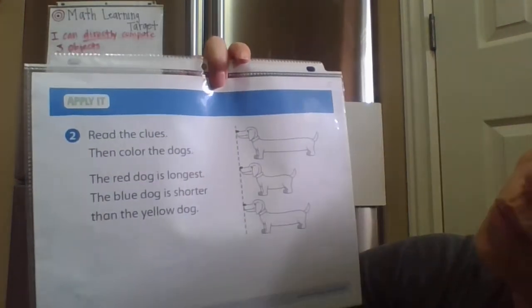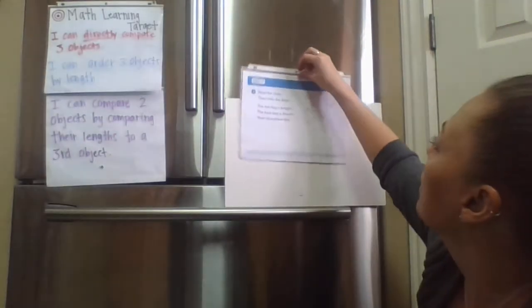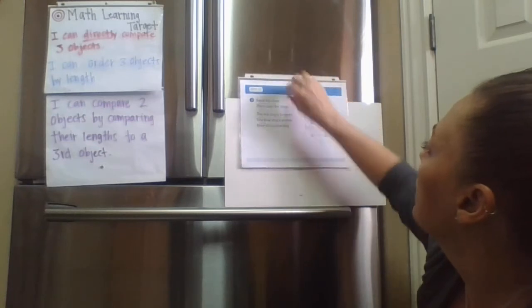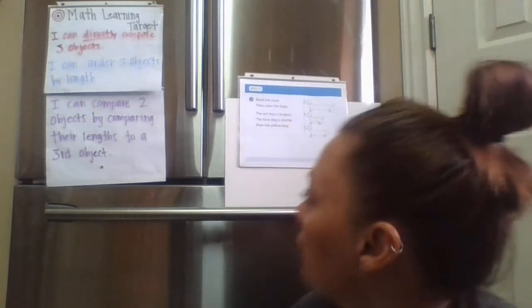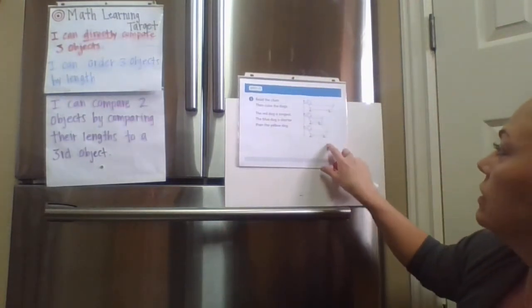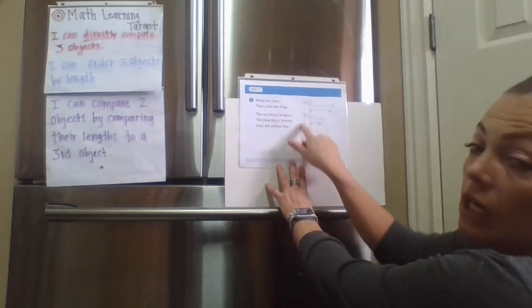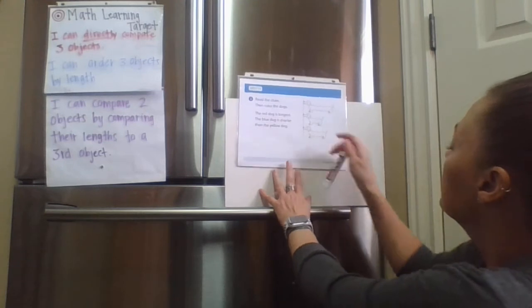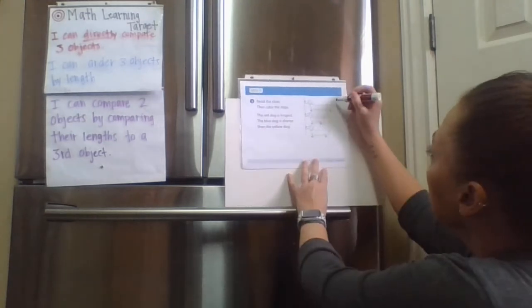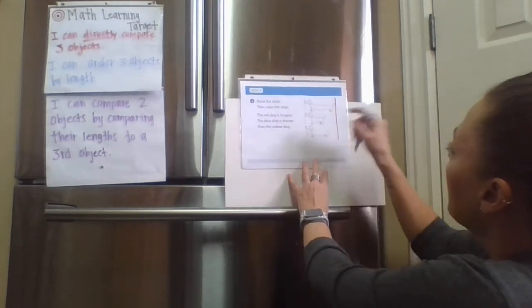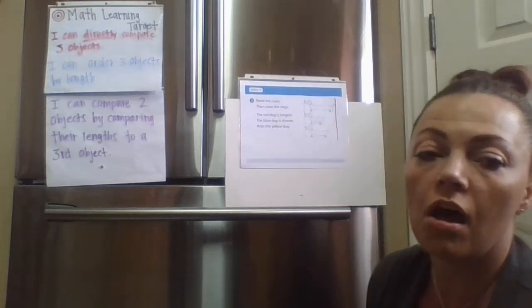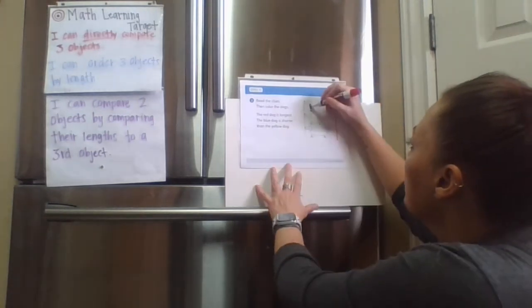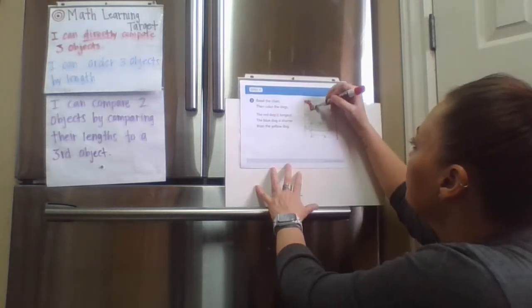Okay, so the red dog is longest, so let me get my red. Which one of these dogs is the longest? They're all lined up on the starting line. And let's see, if we draw an ending line, it shows me that this dog is the longest, the most long. So we would color this dog in red.